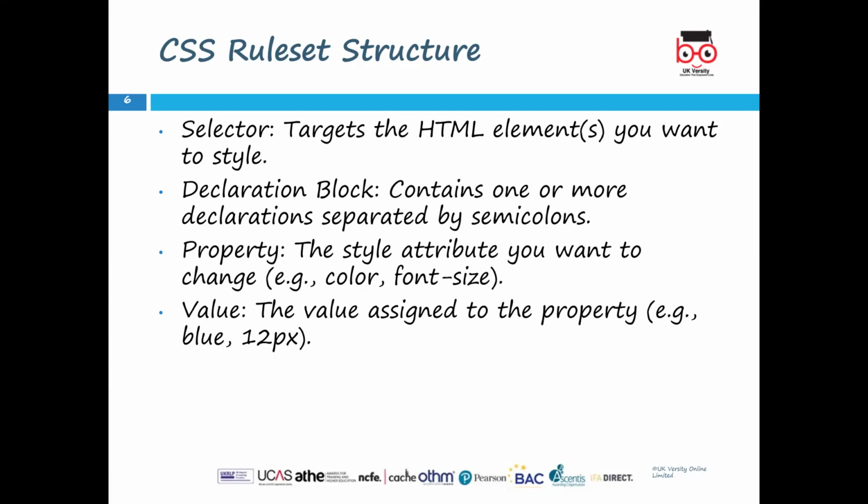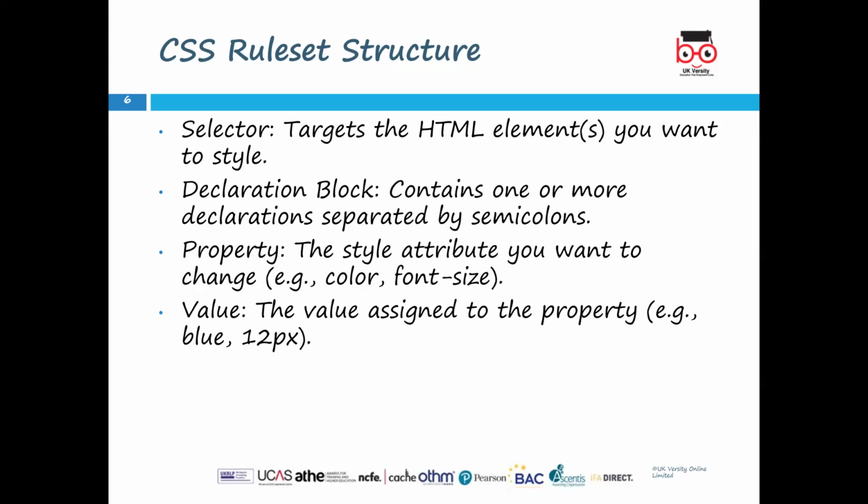A declaration block will contain one or more declarations separated by a semicolon. These can be reusable. So it's not going to be for a specific one, but we can call this multiple times. Then we have property. What property does is style the attributes that we want to change.